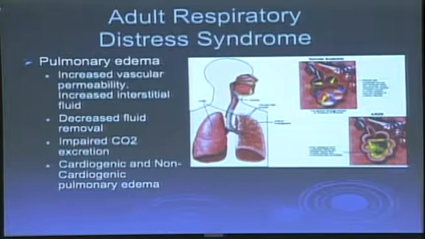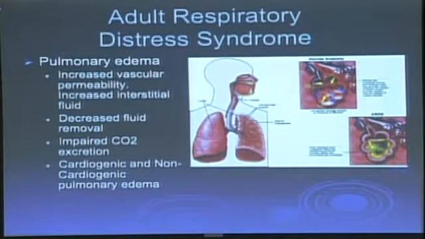But the bottom line is, for whatever reason, you get increased interstitial fluid or decreased fluid removal from the interstitium, same thing turns out, and then you end up with decreased ability to have CO2 go from the capillary to the alveolus, so you have decreased ability to excrete CO2.